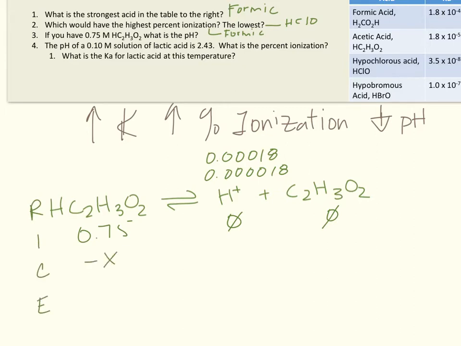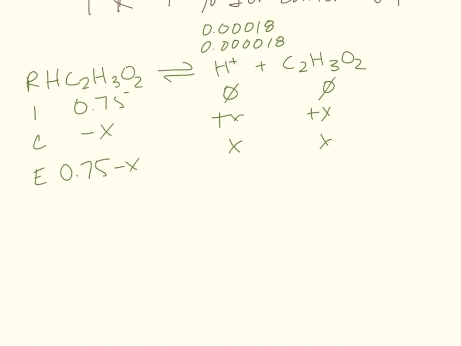So my change, negative x, plus x, plus x, this becomes x and x, 0.75 minus x, and I've got x squared divided by 0.75 minus x is equal to 1.8 times 10 to the negative 5th.